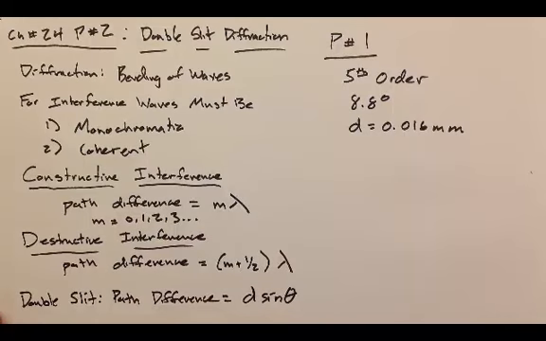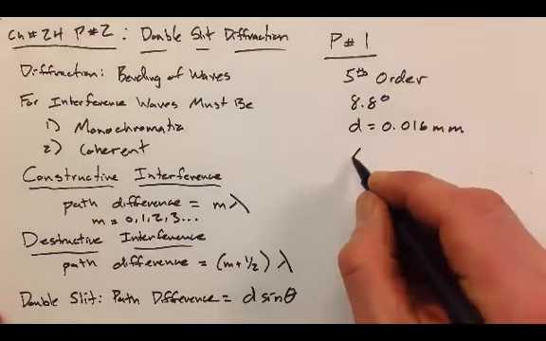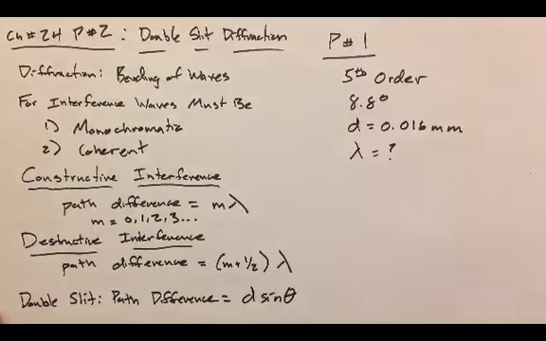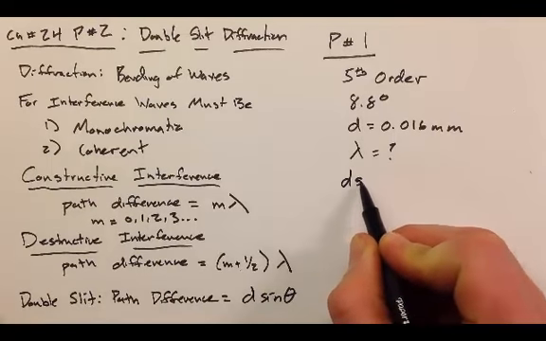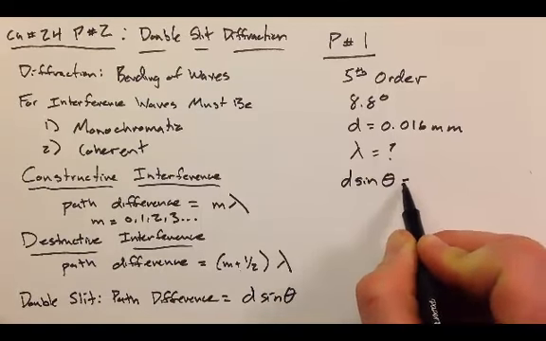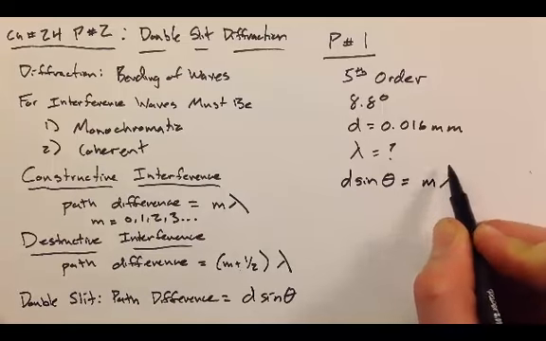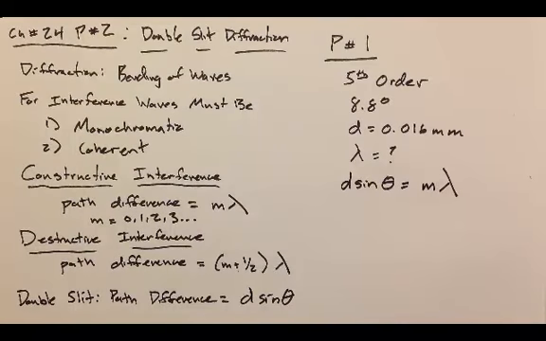The question asks, what is the wavelength of the light if this is a bright spot at 8.8 degrees? This is one of the magic equations on your equation sheet under optics, perhaps one of the last new equations we're going to learn.